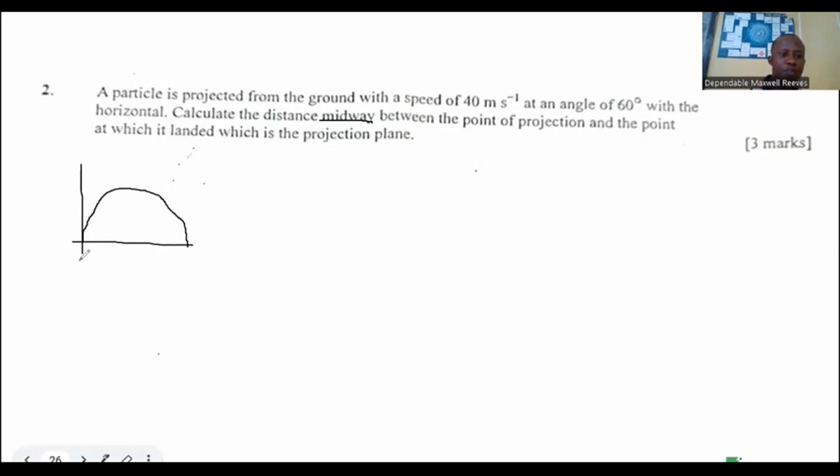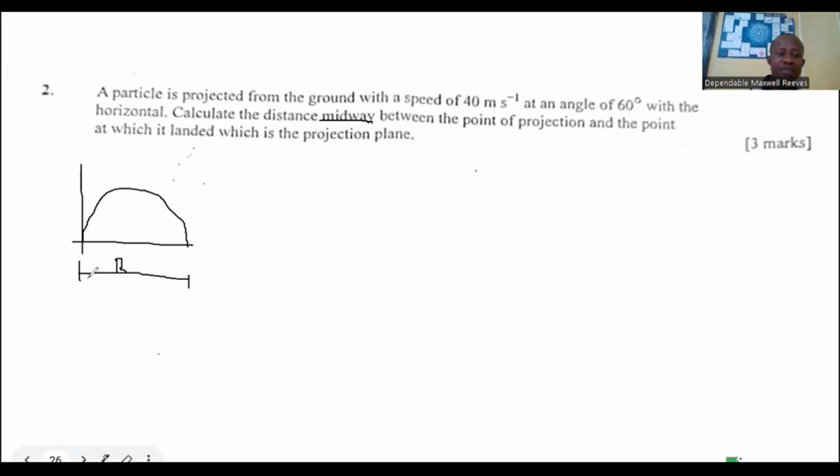The distance from the point of projection to where the projectile landed is called the range, and the range here is represented by capital R.